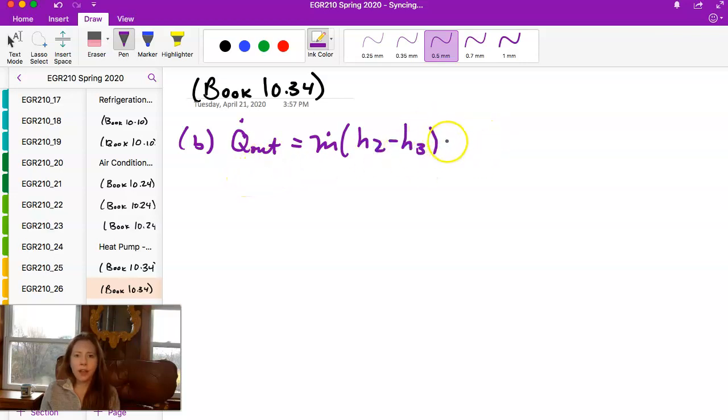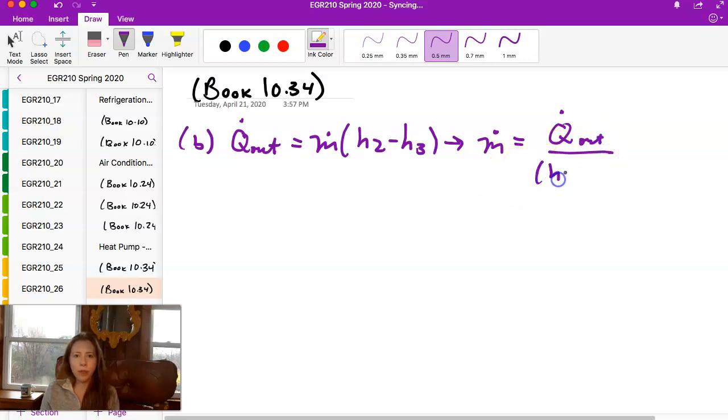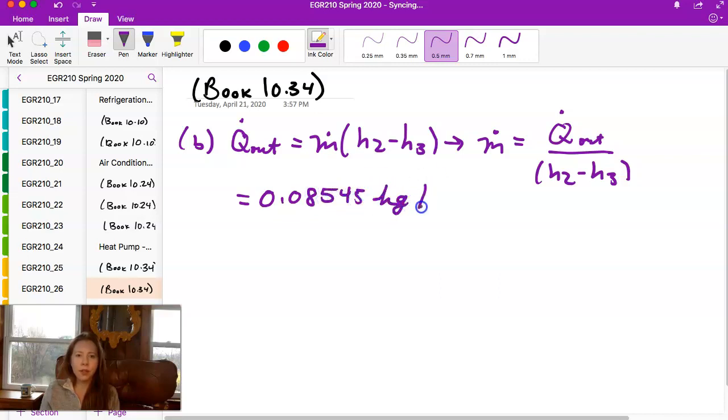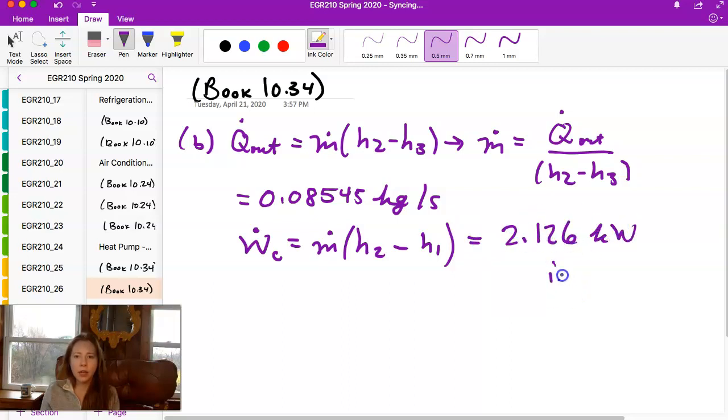And so from there we can find that m dot is equal to Q out over H2 minus H3. And so this is going to give us a mass flow of 0.08545 kilograms per second. And then now our power into the compressor is going to be m dot times H2 minus H1. And because it asked for power in, we're just going to give the positive 2.126 kilowatts going in.